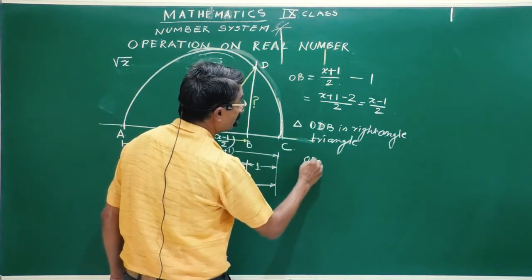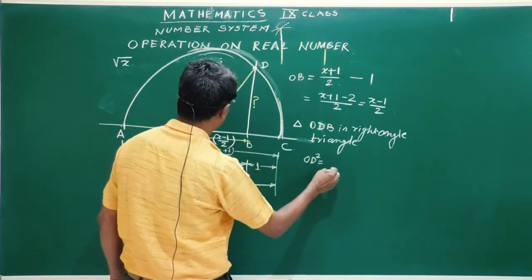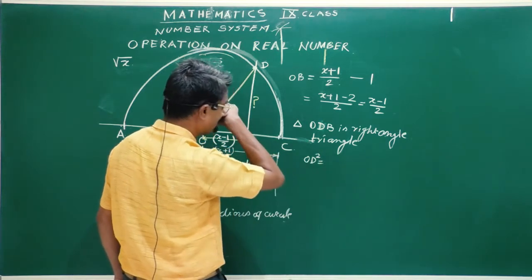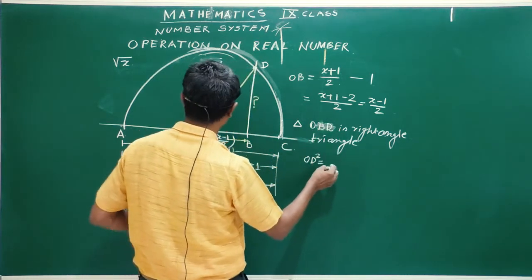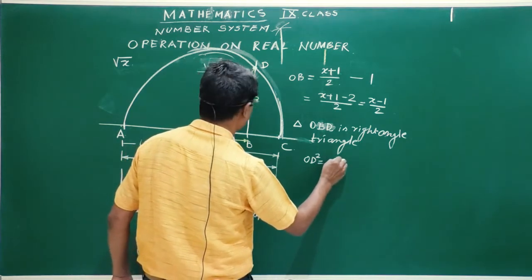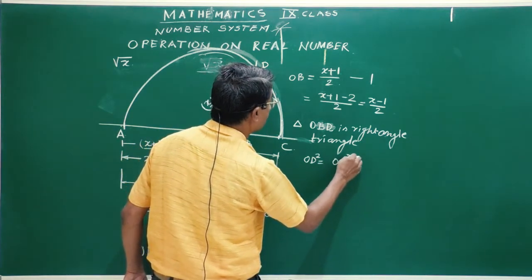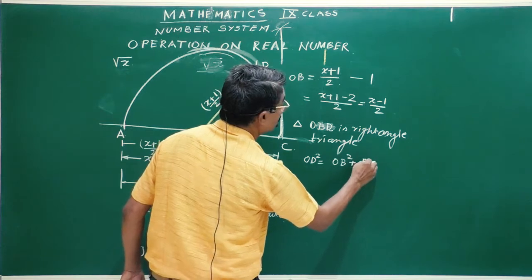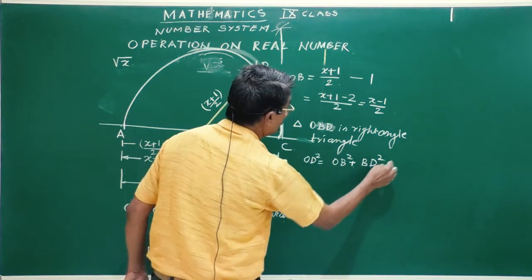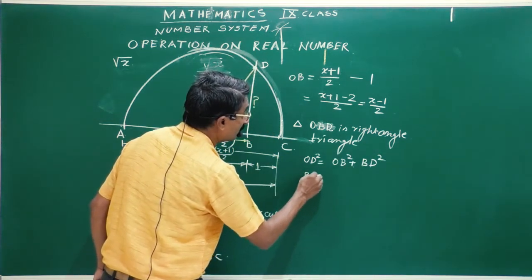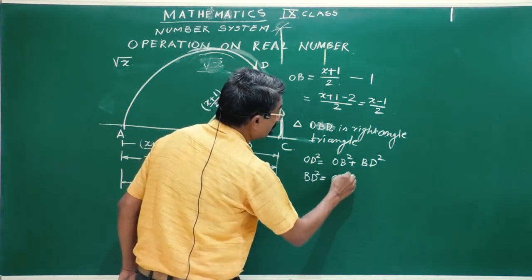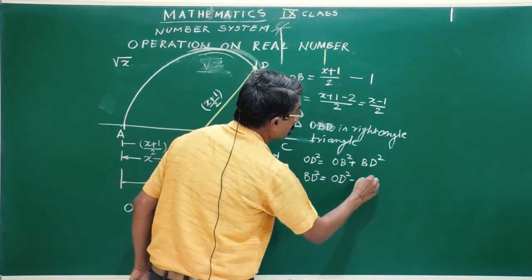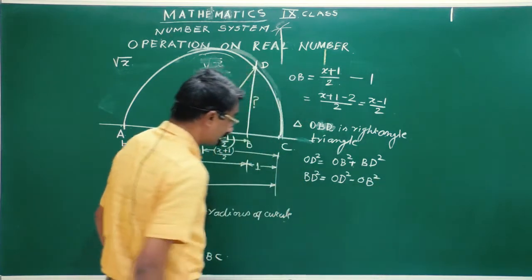So OD square is equal to OB square plus BD square. But we want to find out the value of BD. So BD square is equal to OD square minus OB square.